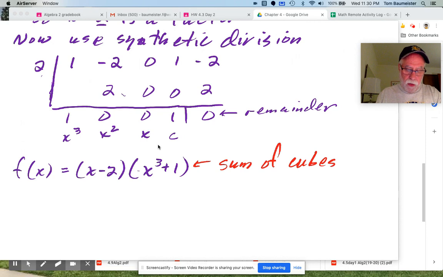And remember from yesterday, you might probably want to check your notes again. We would look at that, and we can simplify this to x minus 2. Remember, I told you on a sum of cubes, you can write it as x plus 1. Then we're going to take our first term and square it.